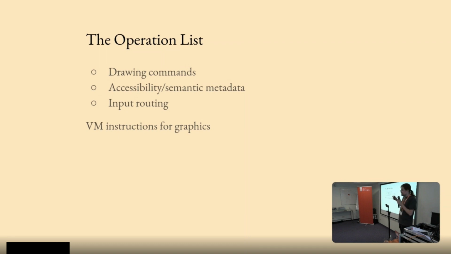So you can think about GUI at its low-level API as a sort of virtual machine with an instruction set that describes GUIs. Every frame, we build an operation list that describes that frame's visuals, that frame's inputs, and that frame's metadata.